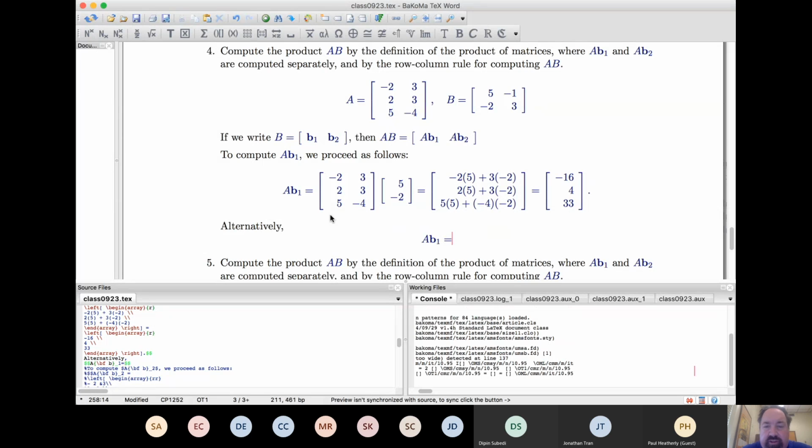How we viewed matrix vector multiplication in the previous chapter, where you take each column of A and scale it by the corresponding element of vector B1.